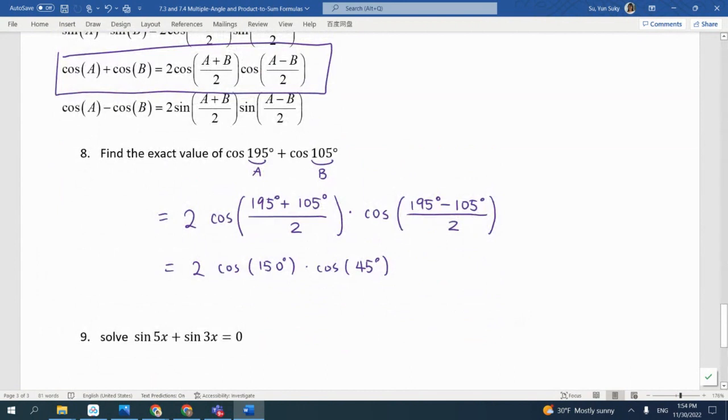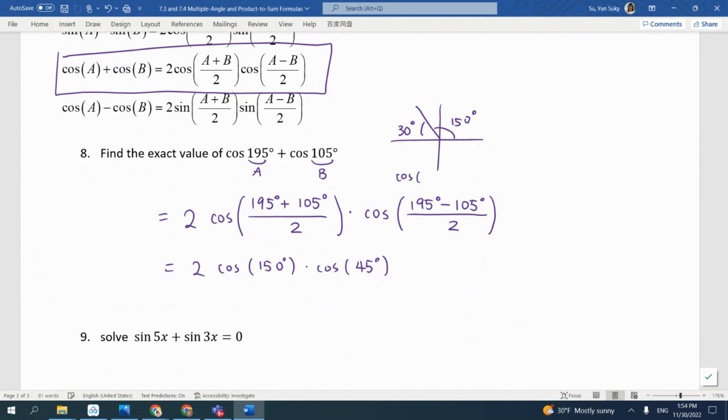Now 150 degrees is in quadrant 2, right? What's the reference angle? 180 minus 150 is 30 degrees.